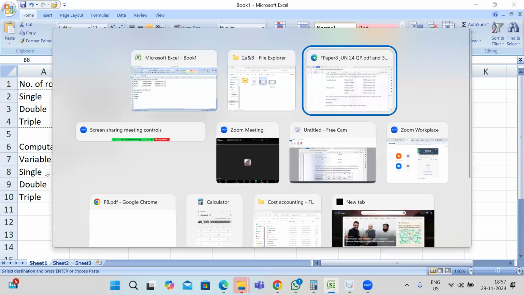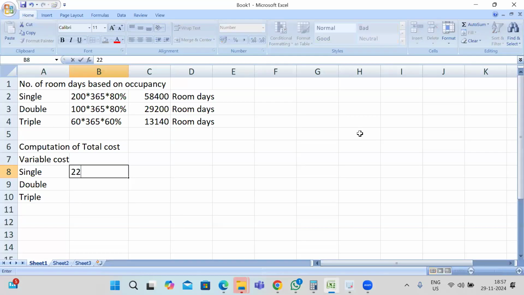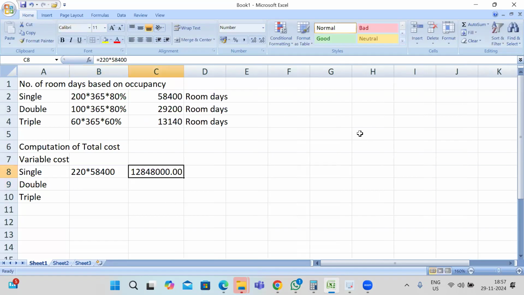They have given the variable cost of 220, 340, and 400 each. So 220 into room days, it is 58,400 room days for single. So I will be getting a variable cost of around 1 crore 28 lakh 48,000. Here it is 29,200 into variable cost of 340, so 99 lakhs 28,000 we have.